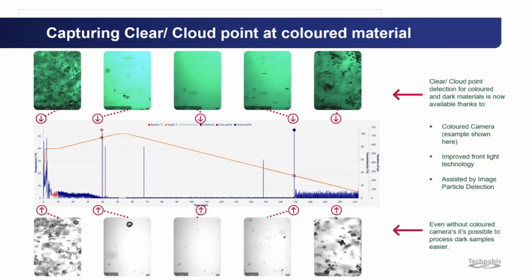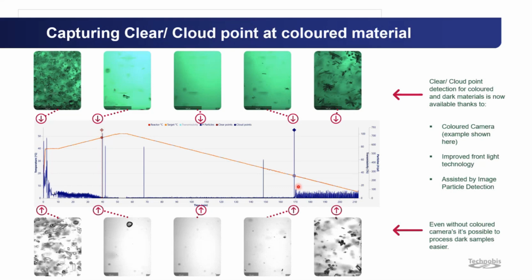So you can see dark blue line here. As we heat up, the number of particles begins to decrease and then reaches a plateau value. And then as we start to cool down, eventually there is an uptick in the number of particles, and this corresponds with the recrystallization of our material.